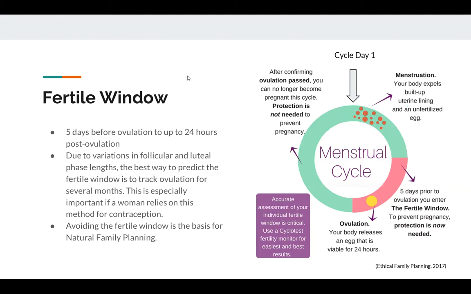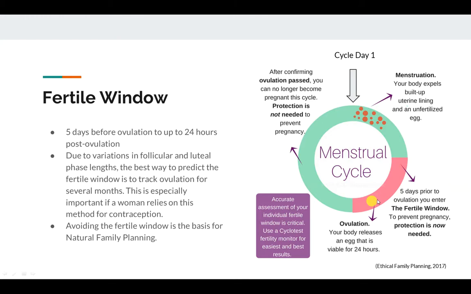Those are the 5 days prior to ovulation and the 1 day after ovulation occurs, and that's represented by this pink area here. The reasons why these are the only days it's possible are because sperm can survive in the body for about 5 days, but the egg only stays in the fallopian tube where conception occurs for about 12 to 24 hours. So if the sperm is deposited anytime within this 5-day period, it should theoretically still be present in the fallopian tube to fertilize the egg when the egg is released.